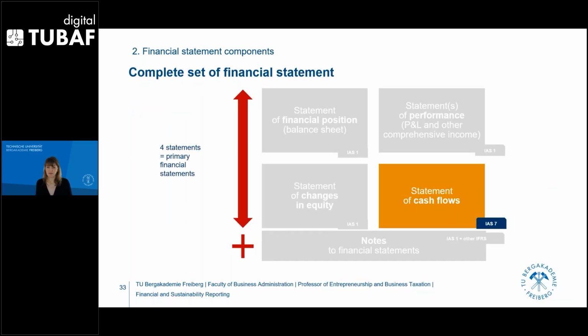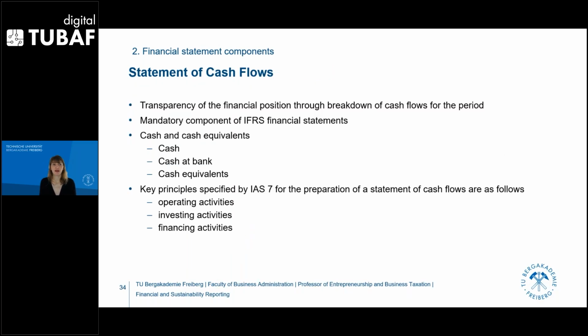The next part is the statement of cash flows. In the statement of cash flows, we have a broad breakdown of cash flows for the period. Cash and cash equivalents are part of the cash flow. So cash at banks and cash equivalents are part of the cash flow statement. So we don't have an accounting on an accrual basis here, but on a cash flow basis.